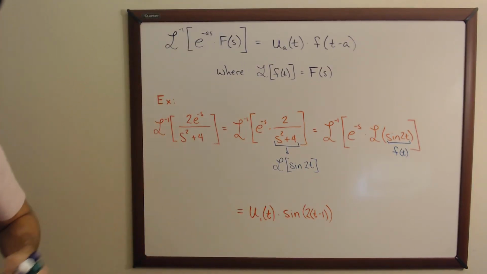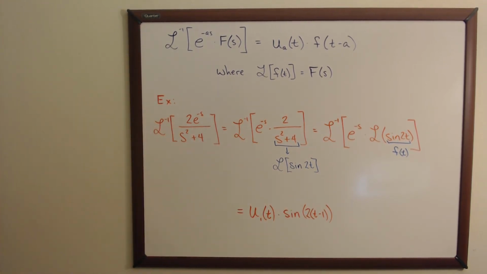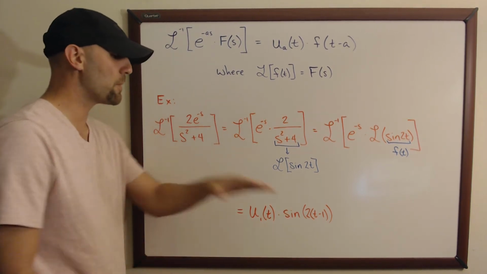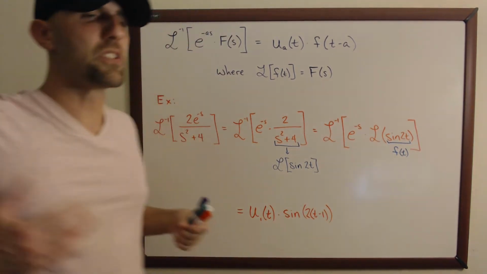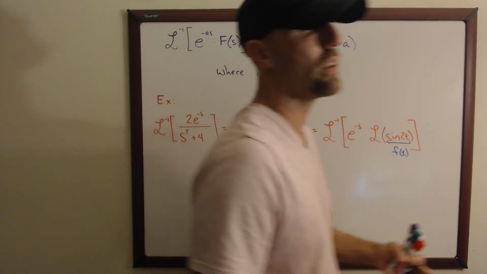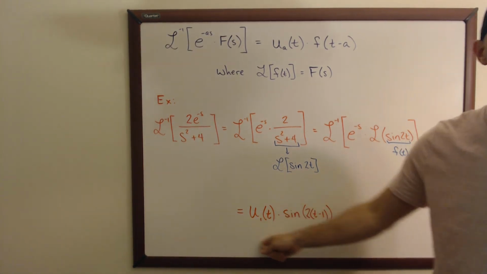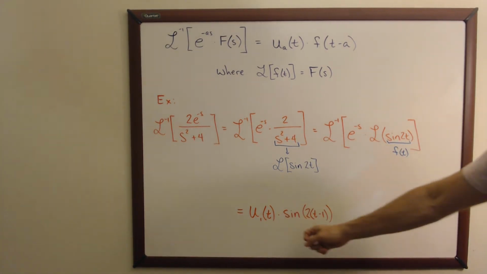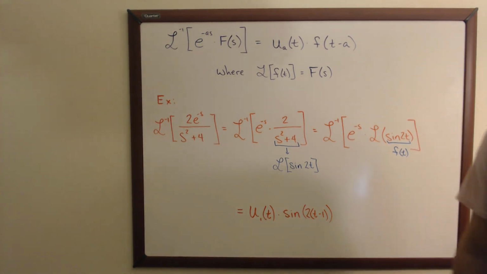Just replace t with t minus a. And there's my inverse Laplace transform. Again, this is a piecewise function. The important thing is that this second shifting theorem handles piecewise functions really well. This is a function that's 0 until you get to 1, and then as soon as you get to 1, it looks like this sine function.